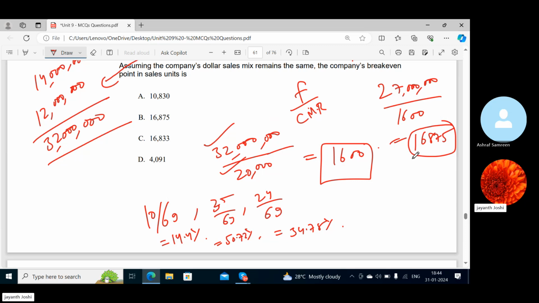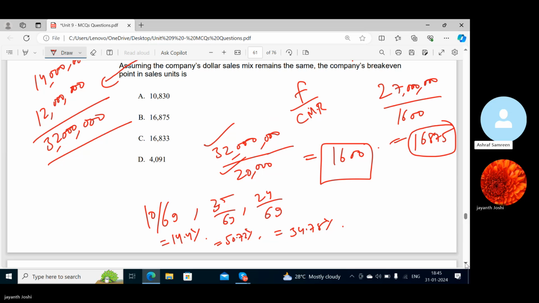We've got 16,875 break-even point in units, right? But we are going to find out with the proportion of sales of each and every product in the total product. We are going to take that and find out the weighted unit contribution margin. Understood?